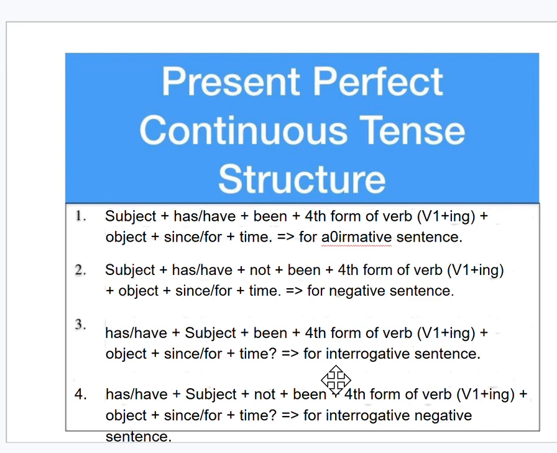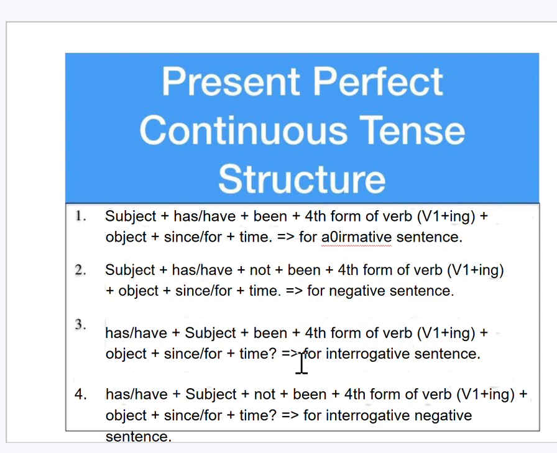Present perfect continuous tense structure. Positive: subject plus have/has been plus verb V1 plus ing plus object plus since or for time. Negative: subject plus have/has not been plus verb V1 plus ing plus object plus since or for time.